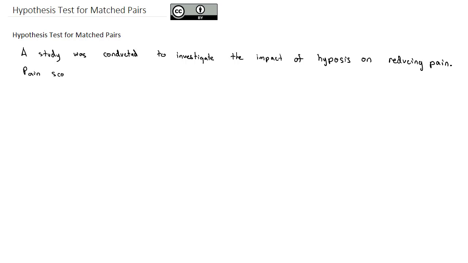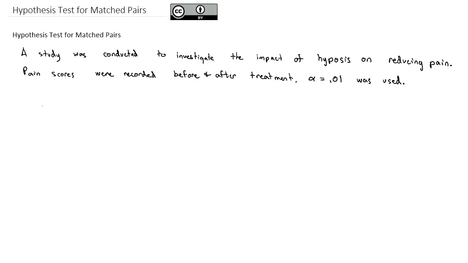Pain scores were recorded before and after treatment. Alpha equals 0.01 was used in the study.